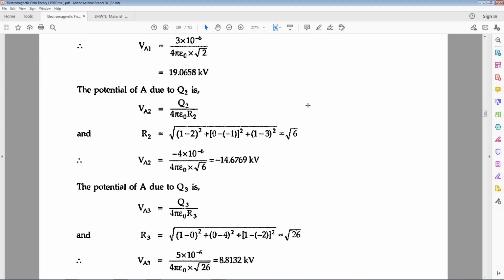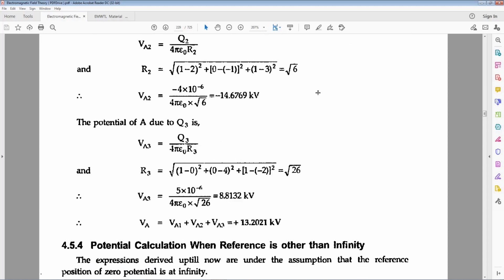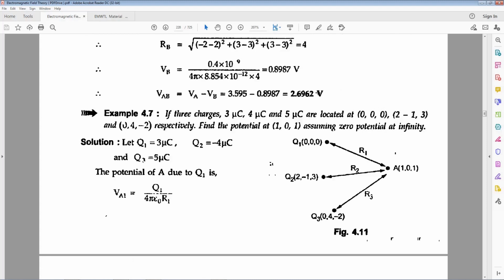And similarly, the last one, the potential at A due to Q3. Q3 is given as 5 into 10 to the power of minus 6 coulombs. Now 1 minus 0, 1 square, and 0 minus 4 whole square is 4 plus 1 is 5.